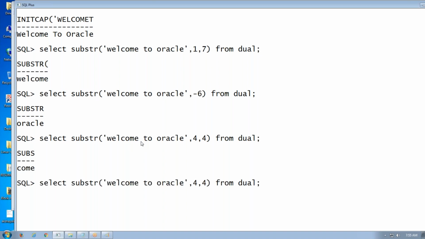Suppose you are writing only the beginning position, but you are not writing the ending position. Then from the beginning position up to the end of the string, it will print.